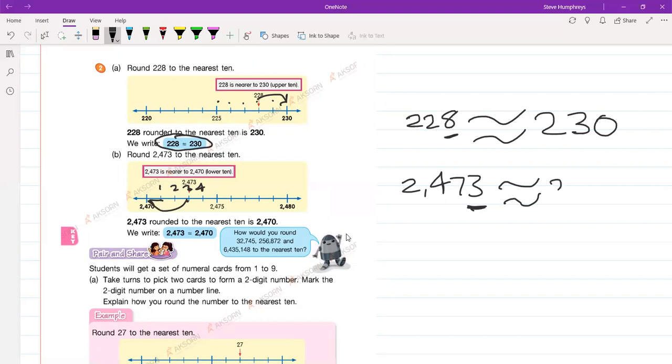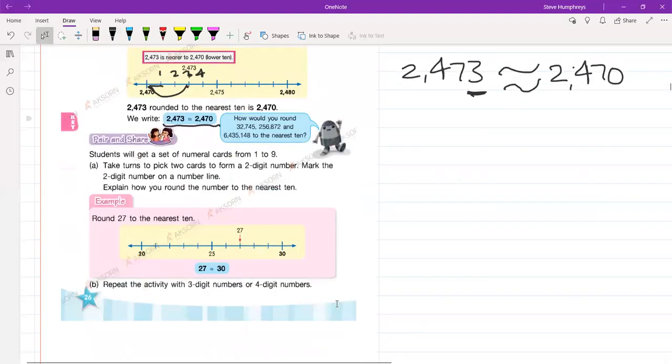So you're going to round it down to 2,470. Round it down to the nearest 10. Okay. There we are. 2,473 rounded to the nearest 10 is 2,470.